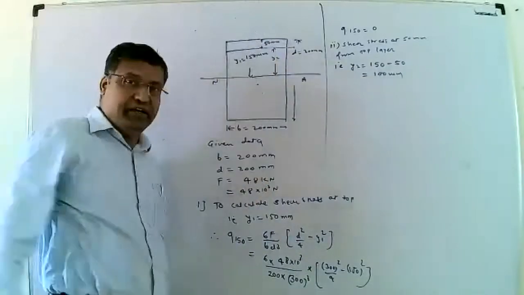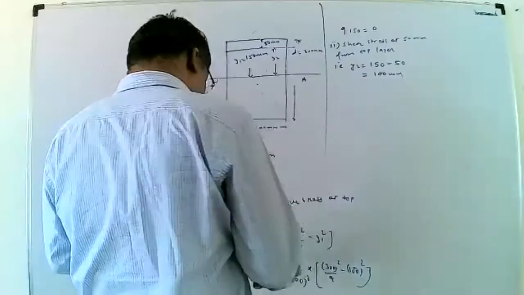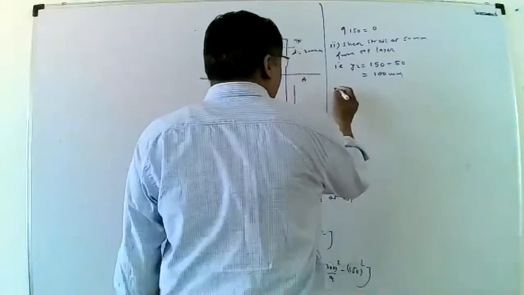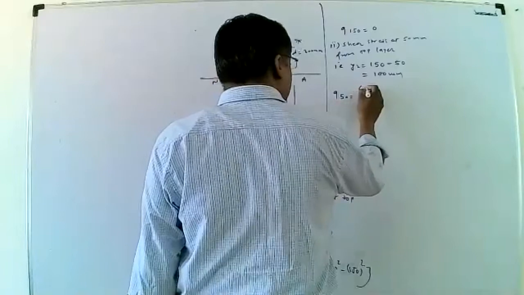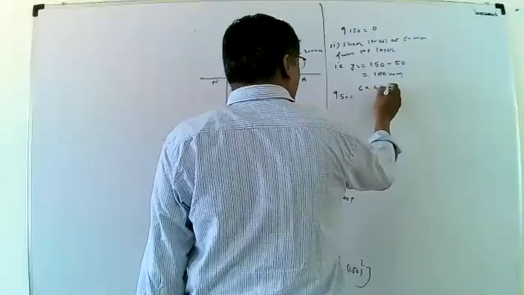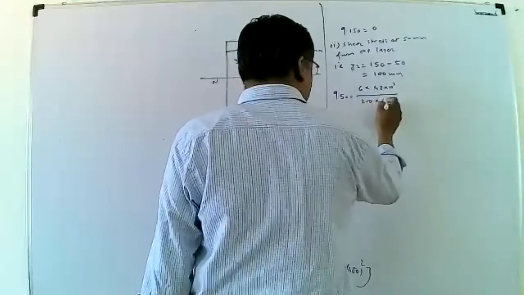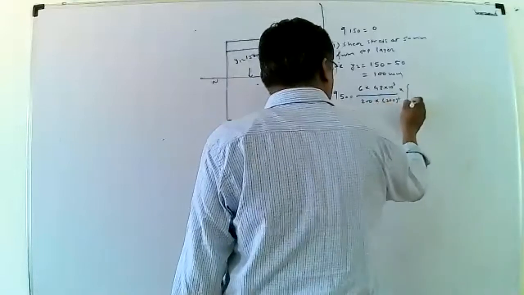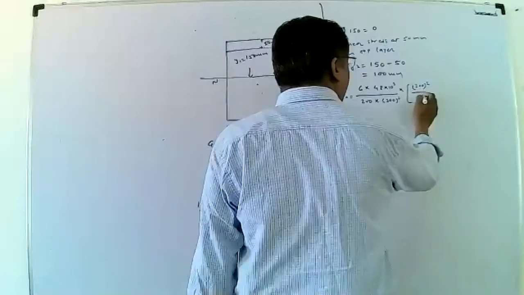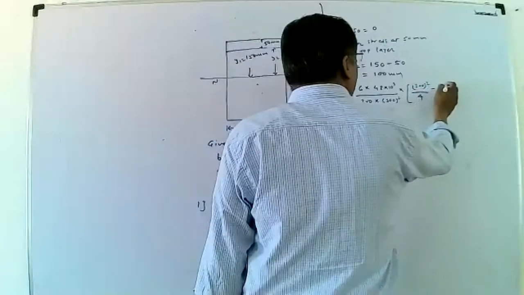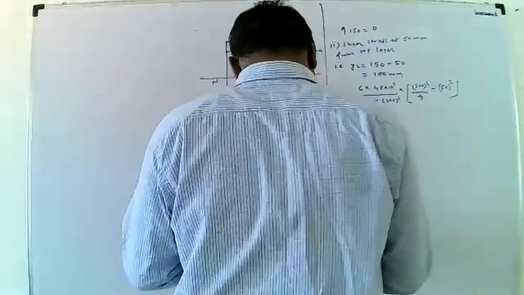Then for the shear stress at 50 mm, we put in the values: Q50 equals 6 into 48 into 10 raised to 3, divided by 200 into 300 cube, into 300 square divided by 4 minus 50 square. Just do the calculation.